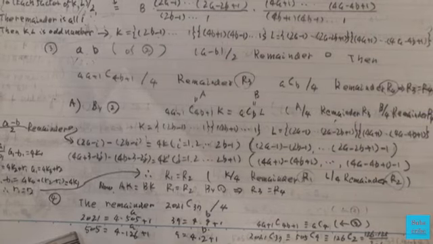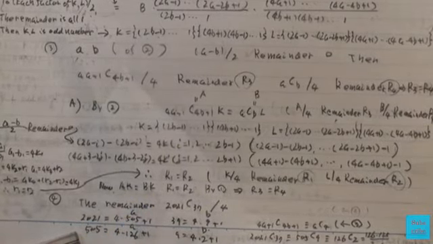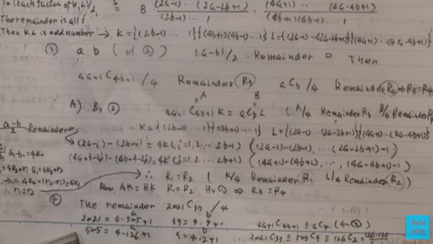And part 4, the remainder of 2021 C 37 divided by 4. Asking this value. Now 2021 equals 4 times 505 plus 1. This is small a.